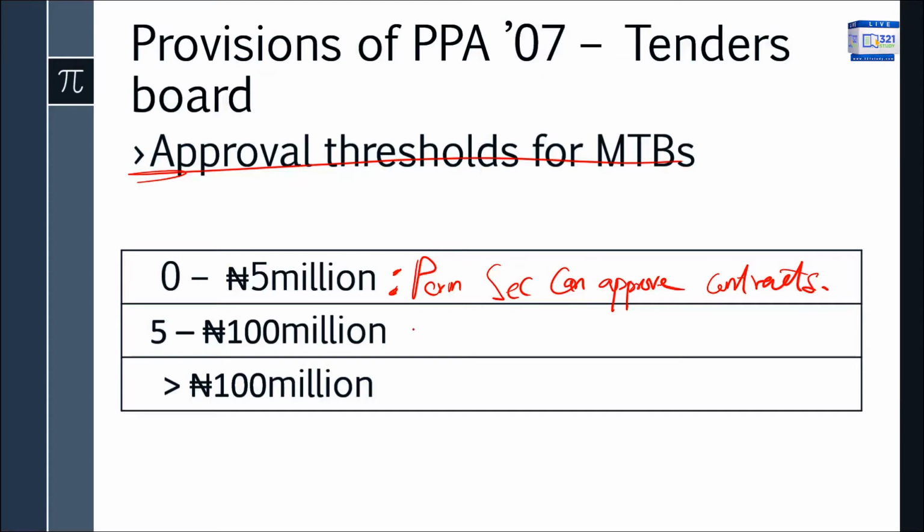When it comes to contracts between 5 to 100 million, then the tenders board needs to convene. And over 100 million, this requires the attention of the FEC.